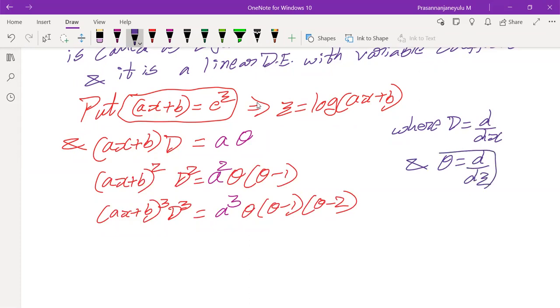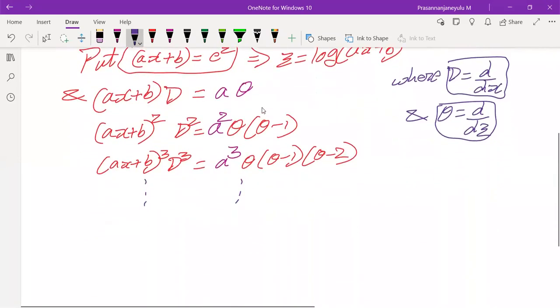So we continue the substitution: (ax plus b) into D equals a theta, (ax plus b) whole square into D square equals a square into theta into (theta minus 1), (ax plus b) whole cube into D cube equals a cube into theta into (theta minus 1) into (theta minus 2), and so on. Like this we can continue. And substituting all these in equation number 1, what is it going to become?